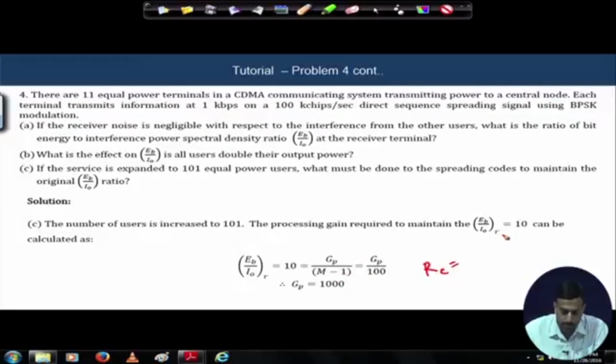So we need RC also to be increased by an order, that is to 1000 kilochips per second. So this is the new RC, maybe we could call it RC dash, so that the processing gain turns out to be 1000.